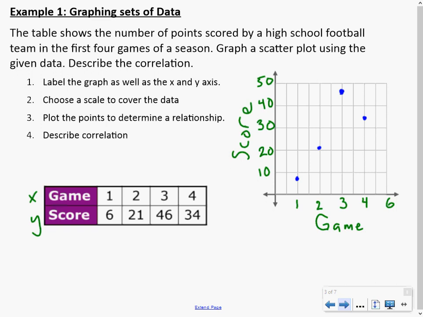We don't have a lot of points, but the points that we do have, it looks like as the number of games increase, the score is also increasing. So the points seem to be moving in this direction, and that would be a positive correlation. As the number of games increases, the score increases.